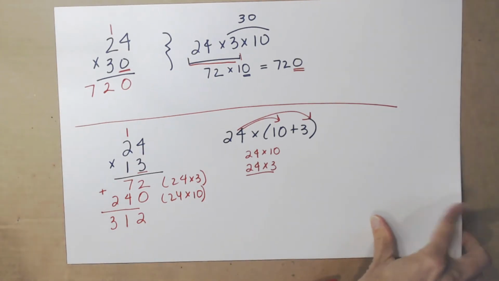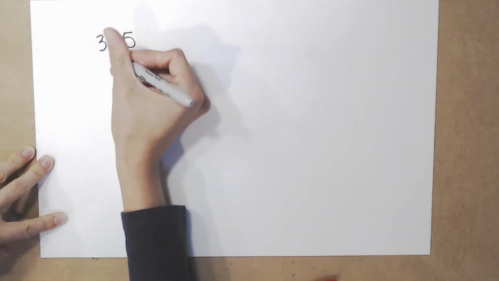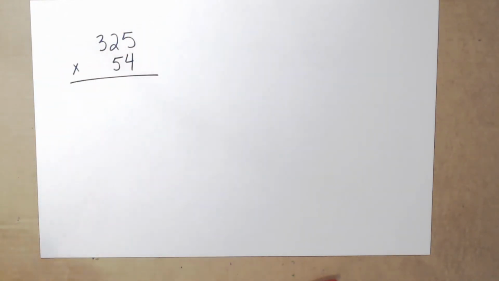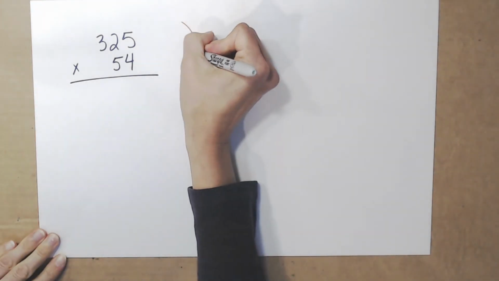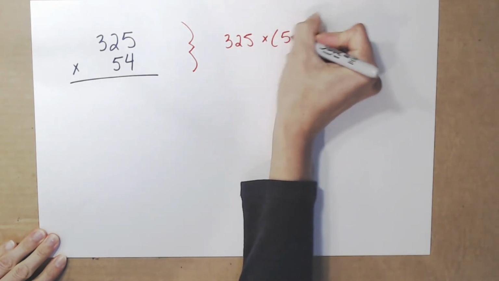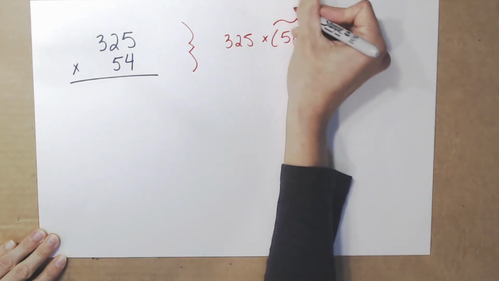Let's do another one. Okay, we'll go a little more advanced. 325 times 54. Okay, so again, what we're going to think of is this is really 325 times 50 plus 4, because 50 plus 4 is that 54.